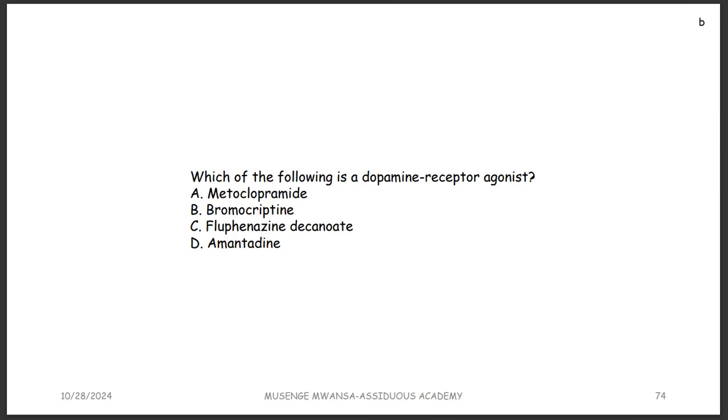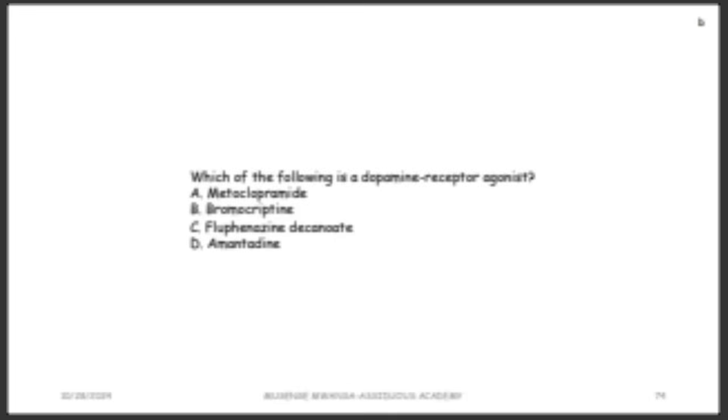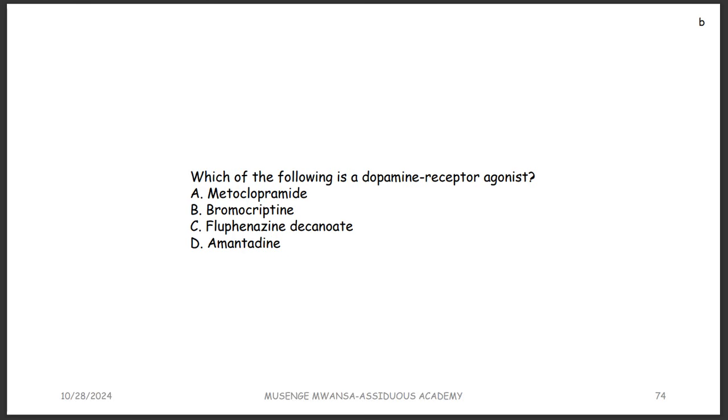Which of the following is a dopamine receptor agonist? Metoclopramide, bromocriptine, fluphenazine, diconate, amantadine. This one, it was A. All right, so which one is a dopamine receptor agonist?